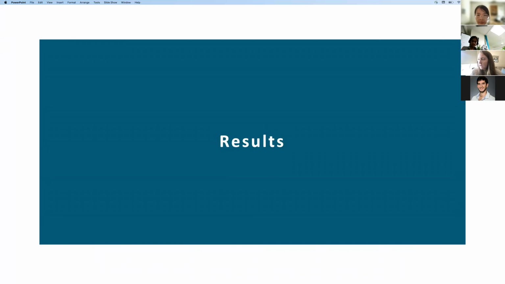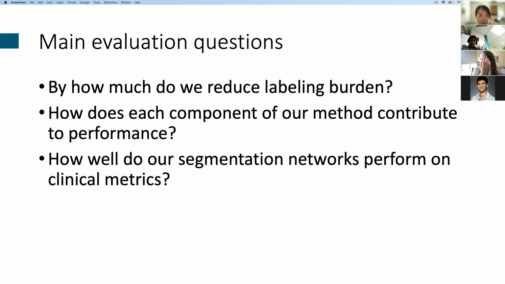So if I go into the results now, there were three main questions that we were aiming to evaluate with our experiments. The first one is, by how much do we reduce labeling burden? That's the whole motivation for this project. How much can we reduce the number of required labels we need for each image without sacrificing much performance? Two, we have lots of different components in our method, right?